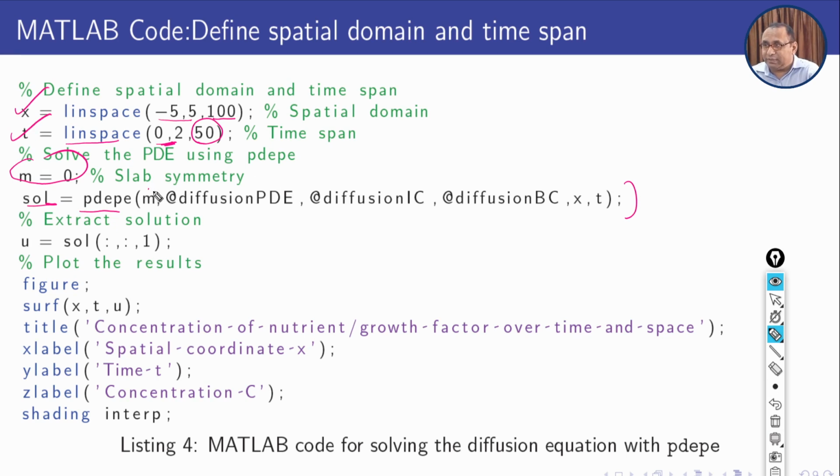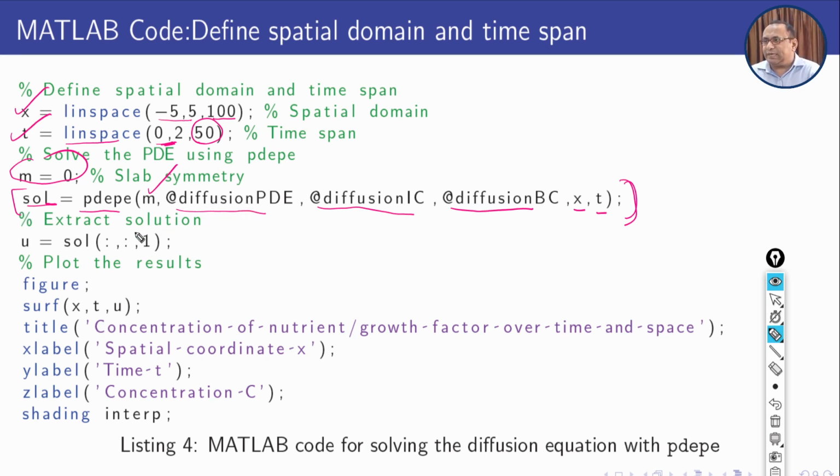First we have m, then we pass the diffusion partial differential equation, using the @ symbol to handle the functions which we defined in the user files. Then we pass the diffusion initial condition, and the diffusion boundary condition. This is x and t. So this statement will solve the partial differential equation with its initial condition and boundary condition.